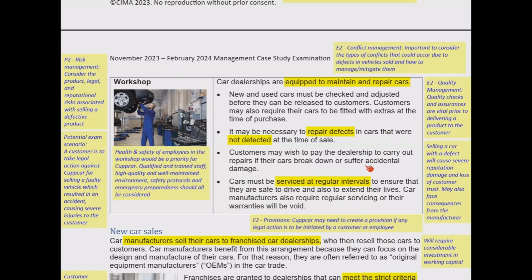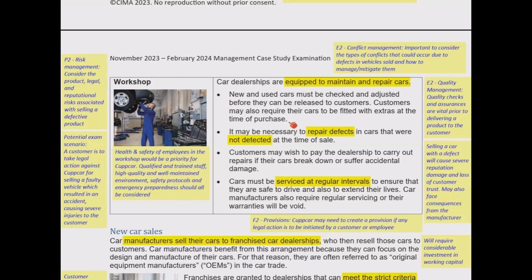I'm also thinking about reputational risk if the workshop does poor quality work. Also worth remembering on that basis that E2 covered quality management. So what type of quality management approach? Again, let's think total quality management. Could you talk about that in a practical way as to how Cuppcar could adopt total quality management within the workshop type of activities?